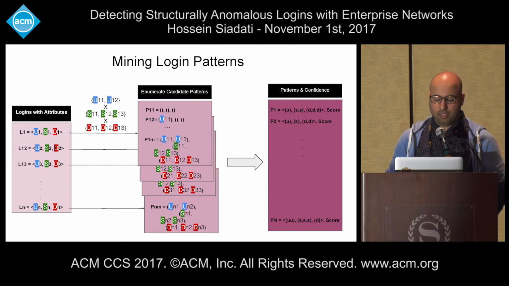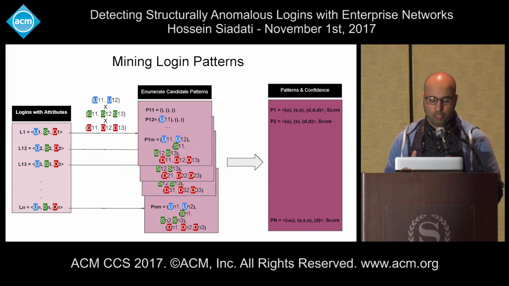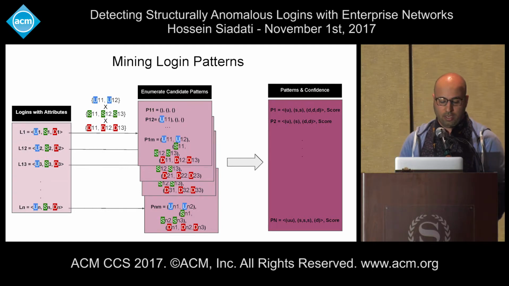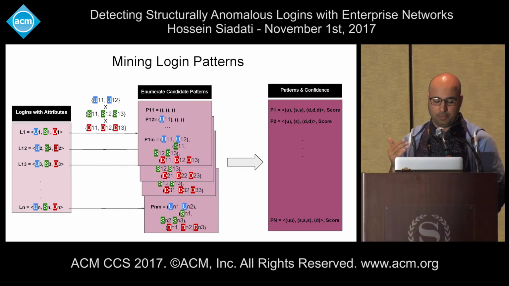So based on this representation, now I can describe how the mining algorithm works. The input to the system would be the attribute level representation of logins. So L1, for example, would be an attribute representation of attributes of the user, attributes of the source, and attributes of the destination machine, which were involved in this login.